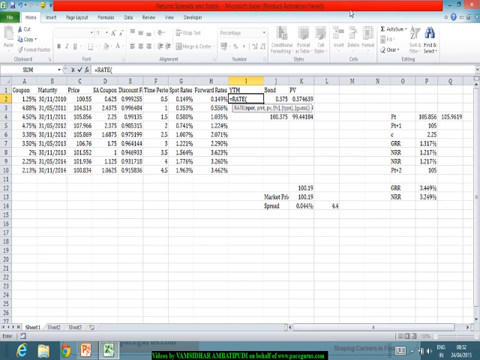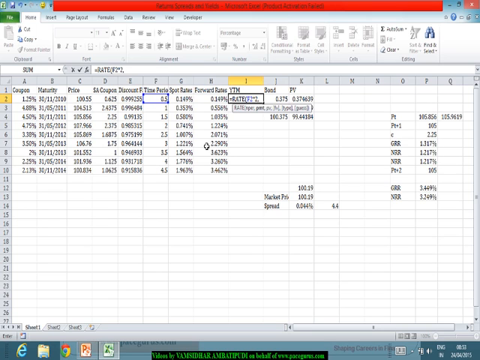Now the number of periods, I can find out from the time periods, because it's semi-annual, I'll say the number of periods are double of this. So these many periods.